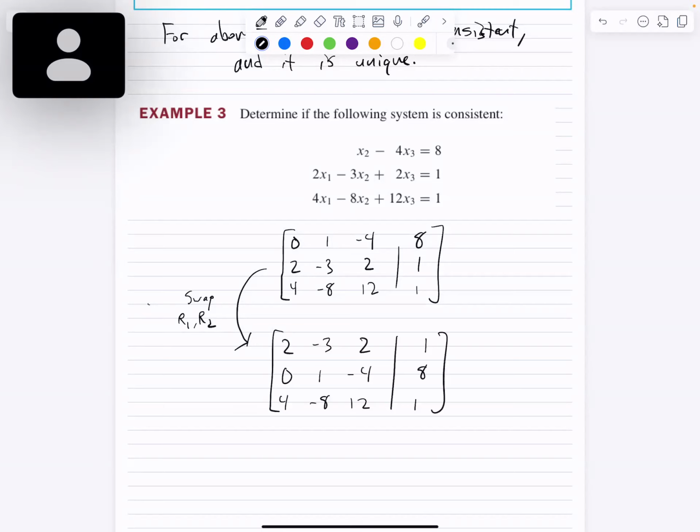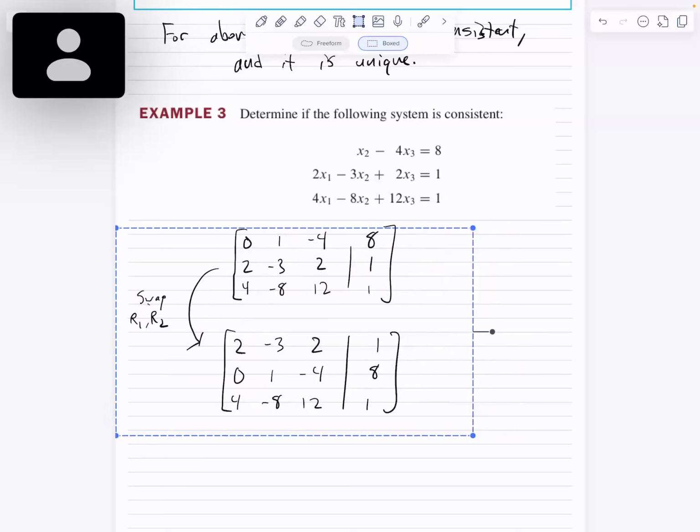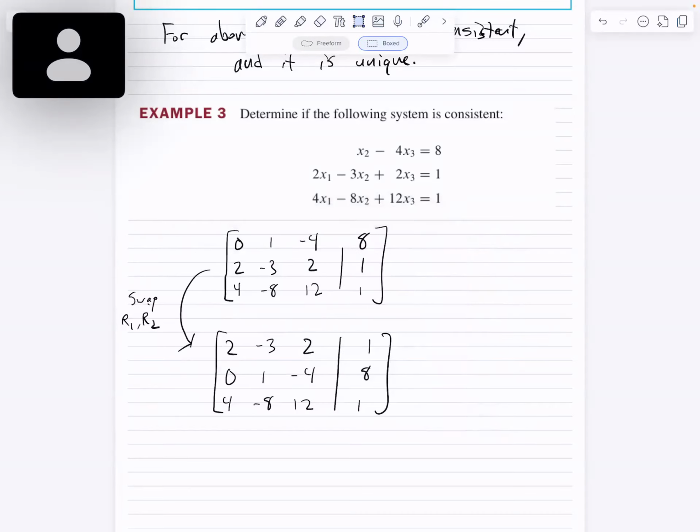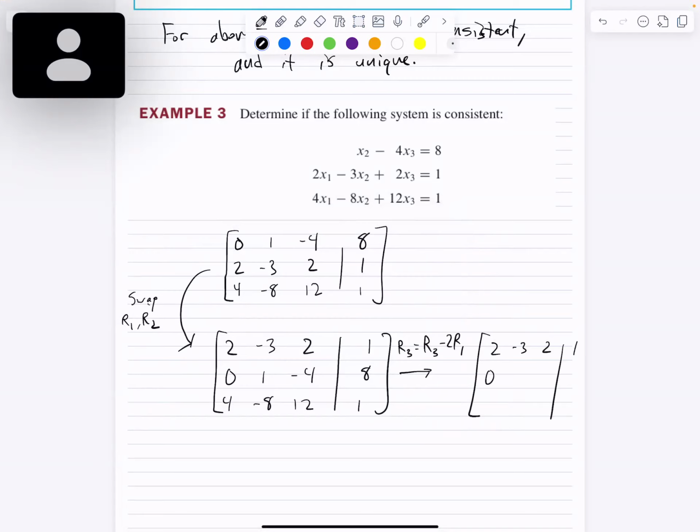Then what I'm going to do is I want to subtract 2 of this row from that row. I'm going to make this over to the side so I have room. And so I'm going to replace row 3 with row 3 minus 2 row 1. That way I get the 0 there, so it's 2, -3, 2, 1, 0, 1, -4, 8.